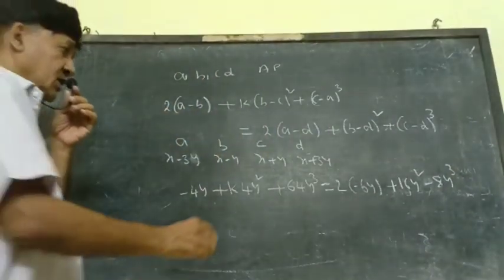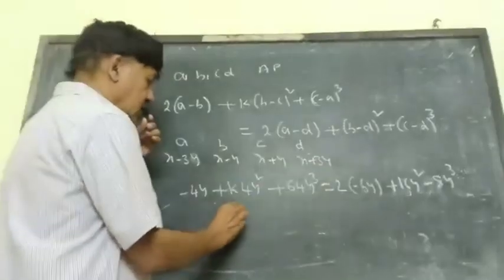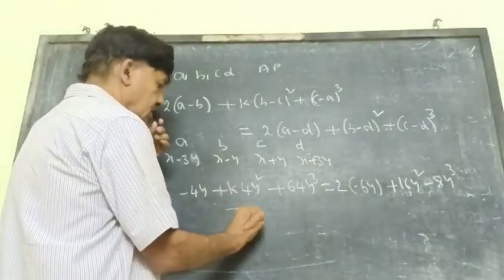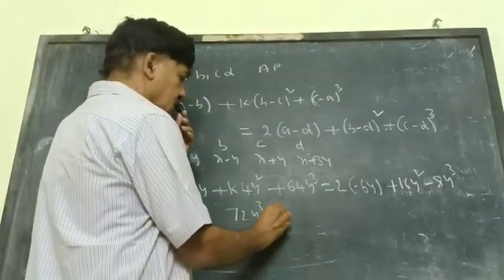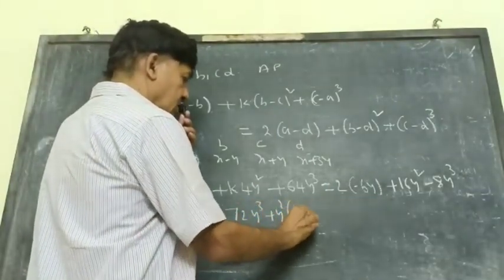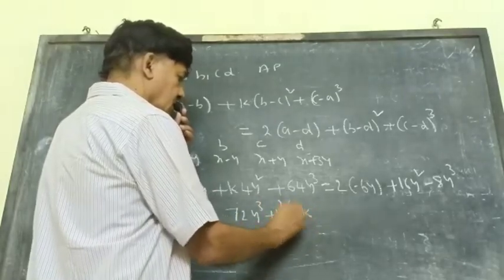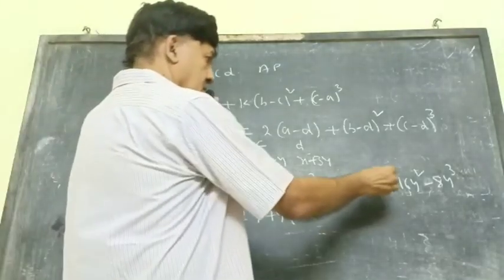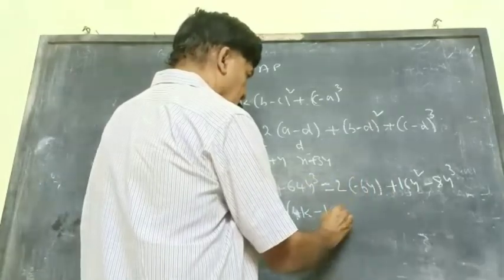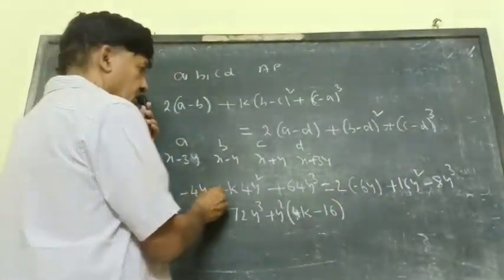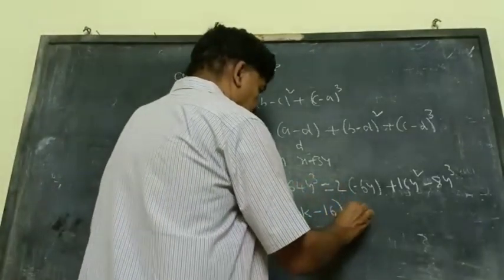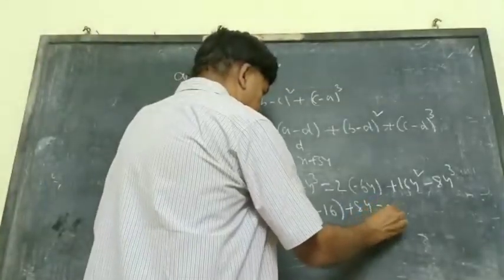Understood? Now this is 64 plus 8, 72y cube, plus y square into 4k, minus 60y square. Next, minus 4y plus 12y plus 8y is equal to 0.